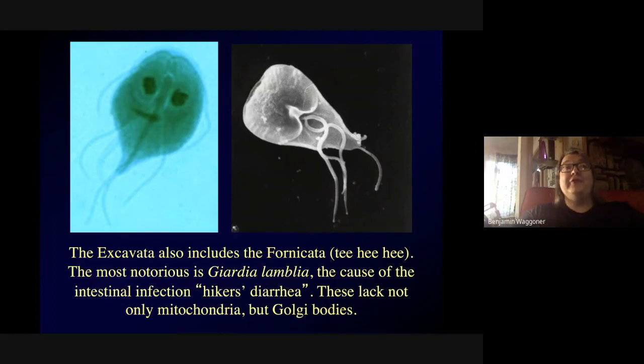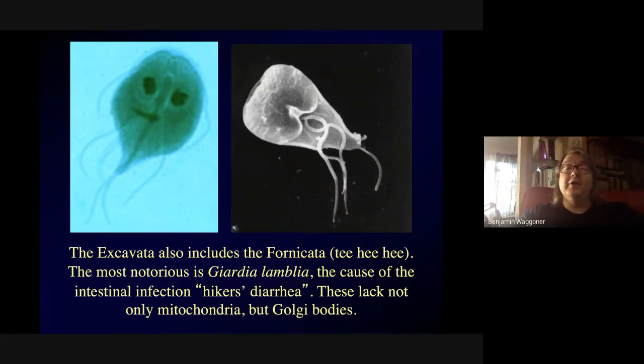These are passed in, you can find living ones in fresh feces, but they also form cysts, resting stages with thick walls. And when those wash into water and a host drinks the water, the cysts pop out into trophozoites, the active forms, and reproduce and fill up your intestine.